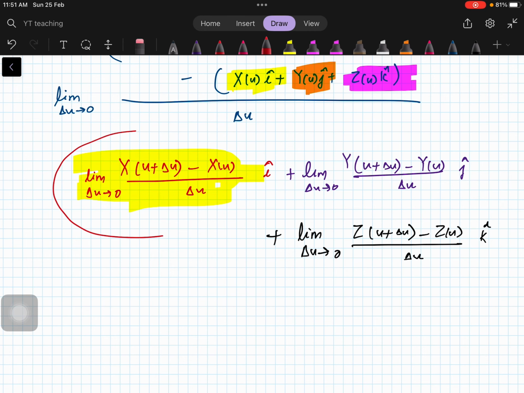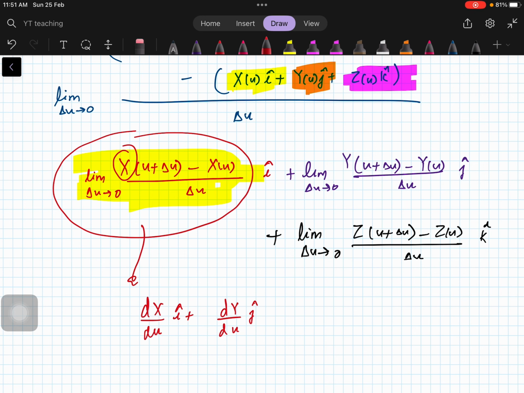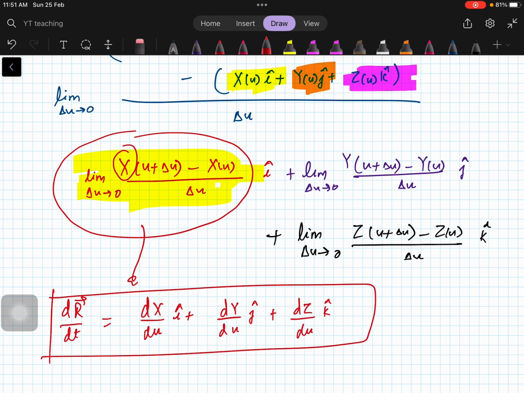Just look at this quantity here. This x is a simple scalar function which we have a very nice grip on. So this is nothing but rate of change of x with respect to u, i cap, plus rate of change of y with respect to u, j cap, plus rate of change of z with respect to u, k cap. So this is what your derivative of r with respect to t looks like.